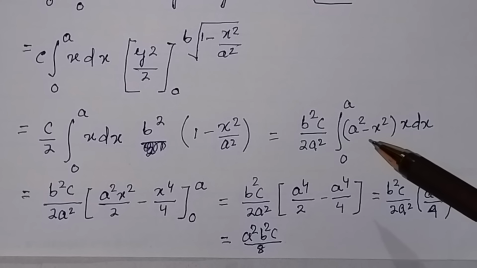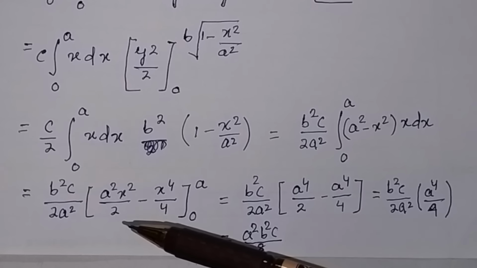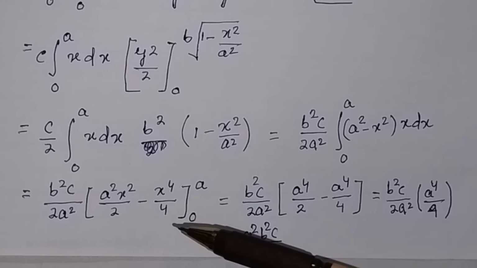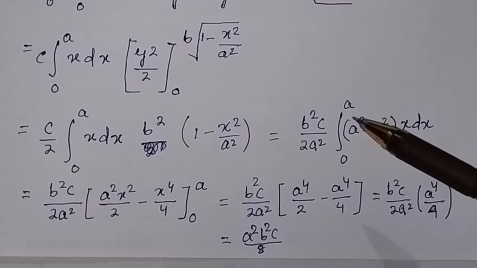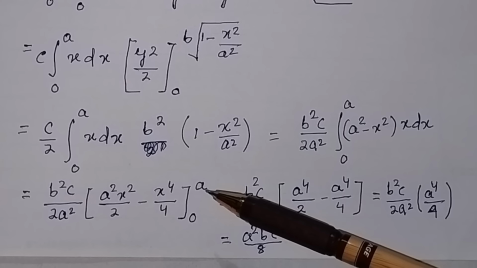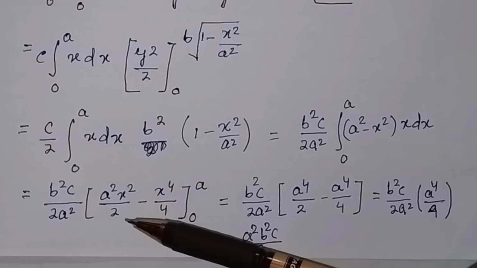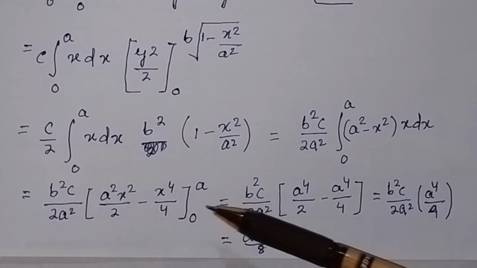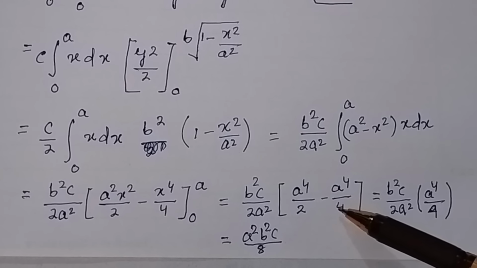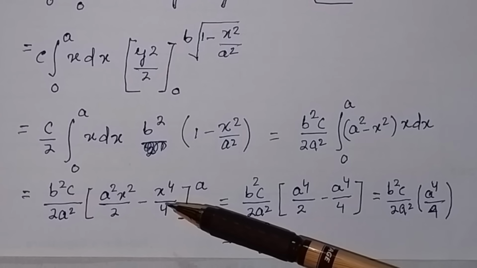Integration of x dx, a square is constant, integration of x dx is x square by 2 minus integration of x cube dx, that is x4 by 4, and the limits of integration are from 0 to a. So if you first put the upper limit a in place of x, this will be equal to a square into a square, a4 divided by 2, this term. Then the next term, if you put a here, is a4 divided by 4, minus if you put the lower limit, this will be equal to 0 and this will also be equal to 0.